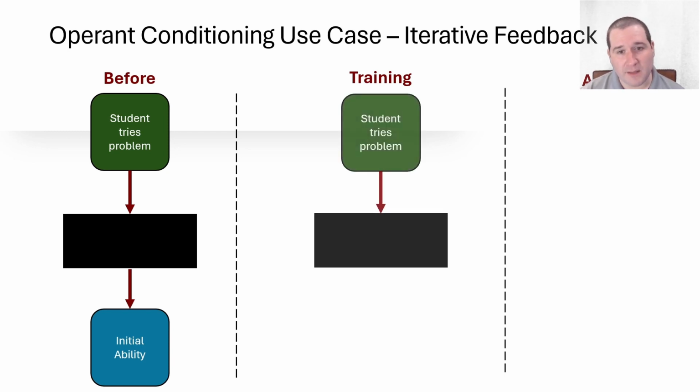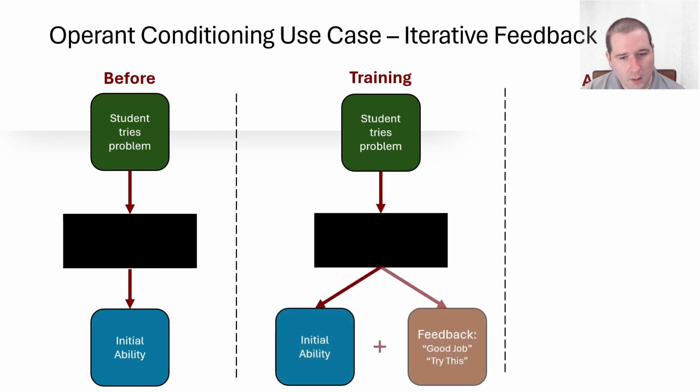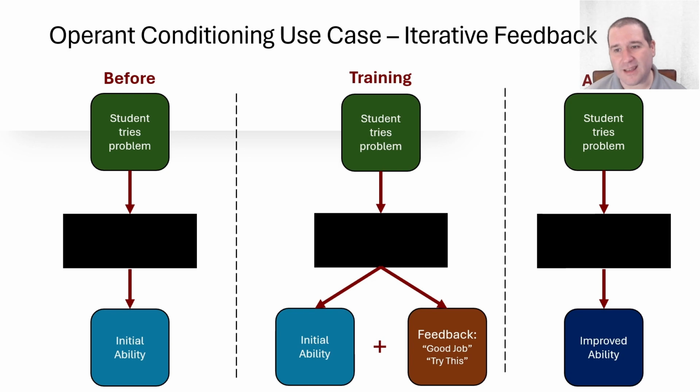However, if every time that student tries a problem, we provide feedback, whether that's just a good job or a, hey, try this instead, or, oh, you're close, you missed this part, right? That idea that we're giving them corrective feedback every time, well, eventually that student is going to improve their ability. So obviously the use of feedback reinforcement is huge in education. And a lot of that comes from this theory of operant conditioning.